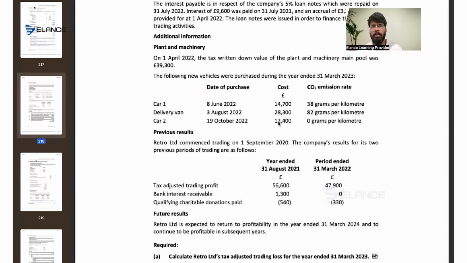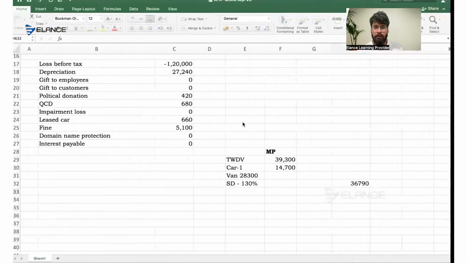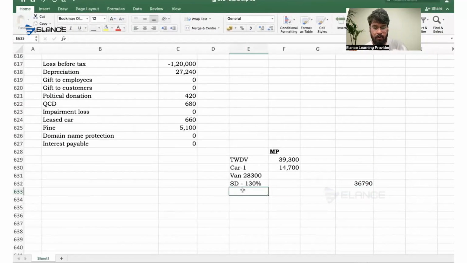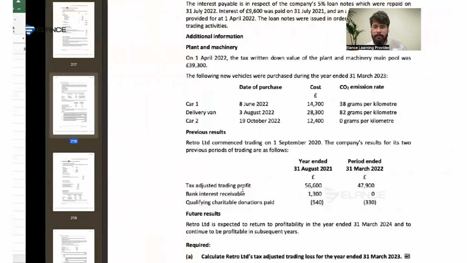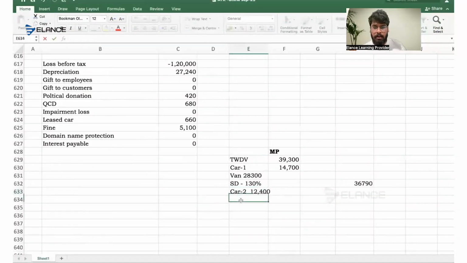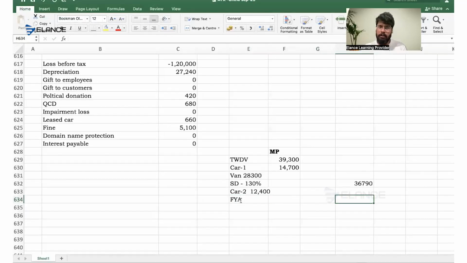So they can use first year allowance on car 2, 12,400. It satisfies all the criteria of first year allowance, so the whole amount 12,400 will transfer to the allowance pool.